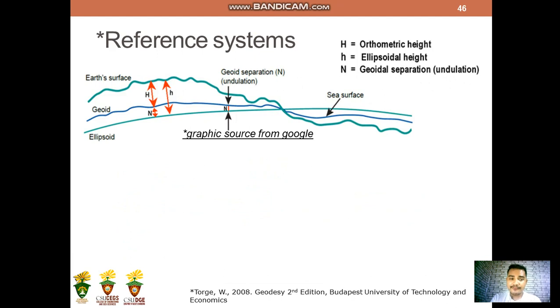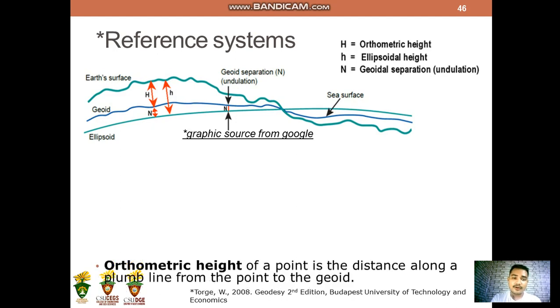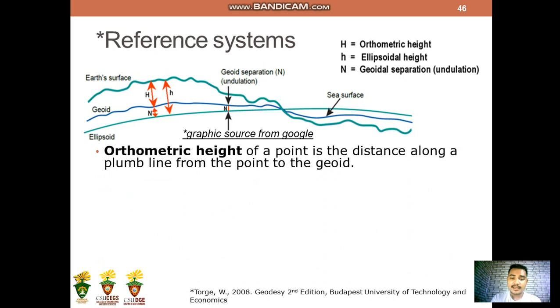So we have the capital H. Ang tawag sa capital H is orthometric height. The orthometric height of the point is the distance along the plumb line from the point to the geoid. So considering you are standing on the part where the H has an arrow, your orthometric height is the distance from where you are standing to the geoid surface, which is the mathematical figure of the Earth.